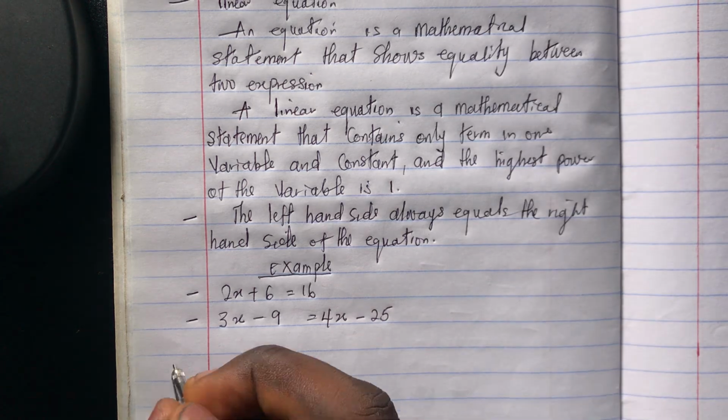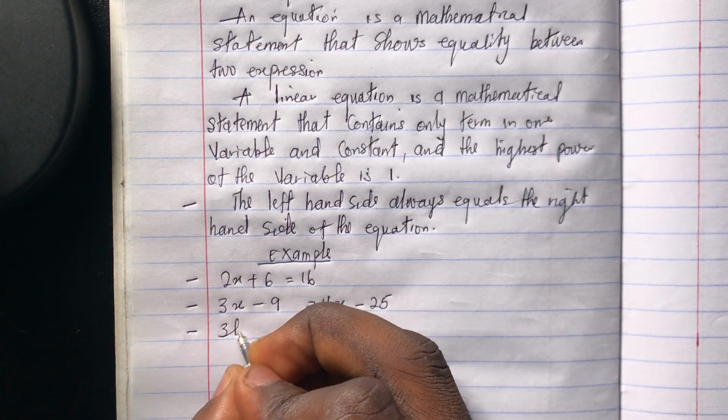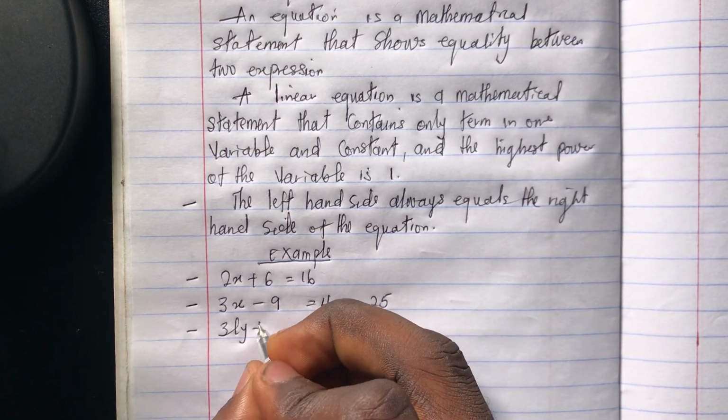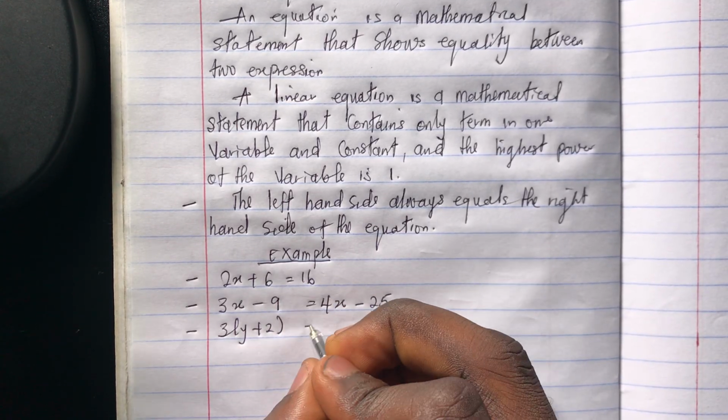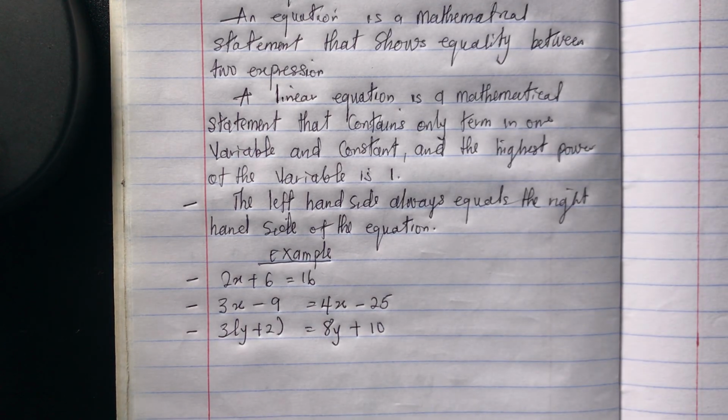Also, we have an example such as 3 times (y plus 2) is equal to 8y plus 10, something like this. That's an example. I'm going to solve these 3 examples.